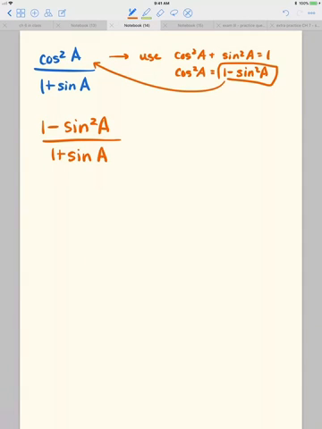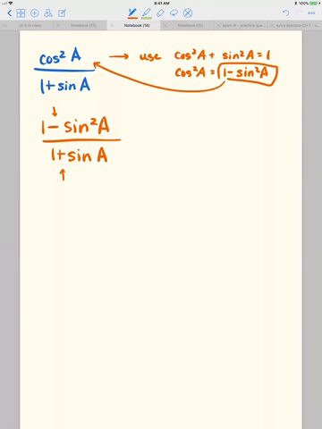Okay, so next step, you cannot cancel the 1 and a sine. You're not allowed to do that here because there's subtraction and addition in both the numerator and denominator. The way that works is if you can get factored pieces and the entire quantity is the same, those can be canceled.